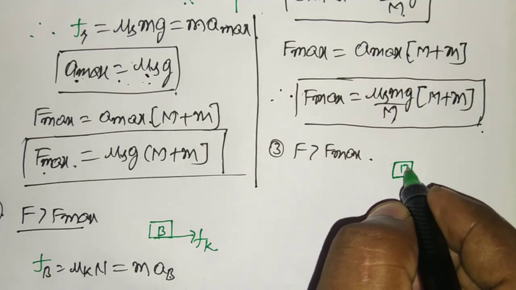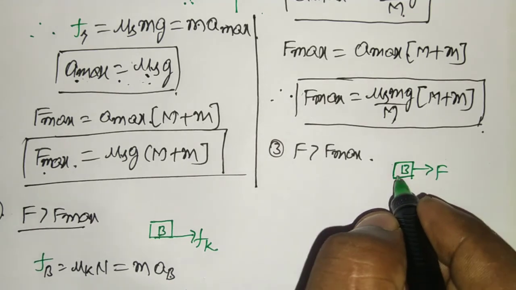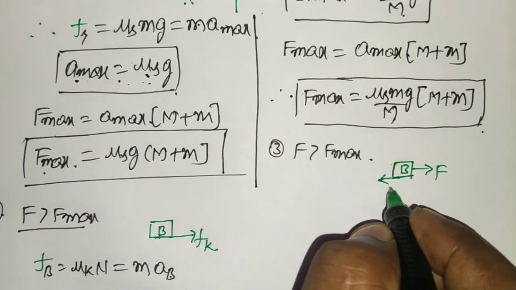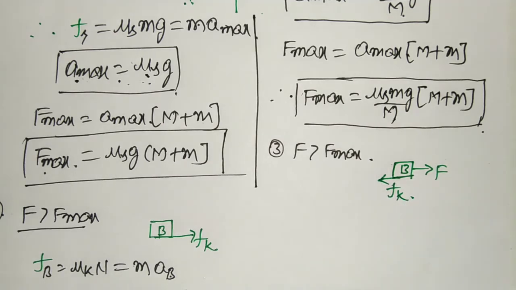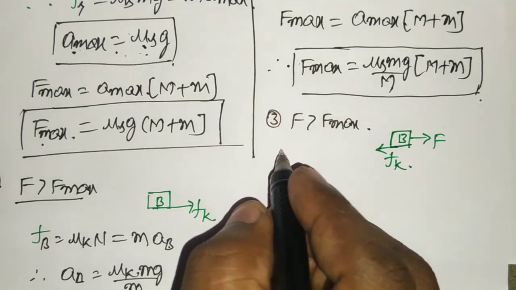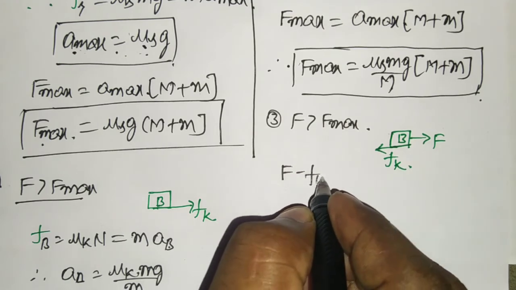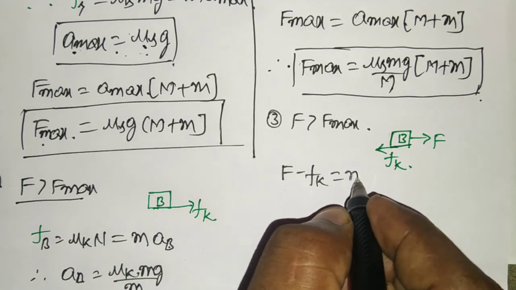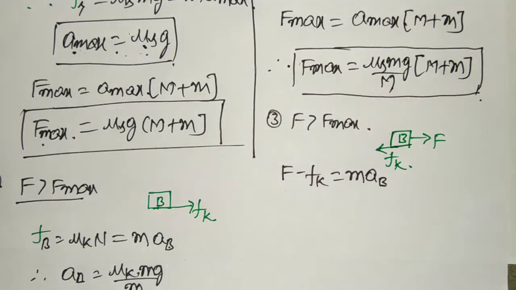If you look at the free body diagram of B, the applied force F is in this direction. As the bodies are sliding, the friction that comes into the picture is kinetic friction force. So I can write: applied force minus kinetic friction force Fk is equal to small m into acceleration of B. Why am I writing acceleration of B?